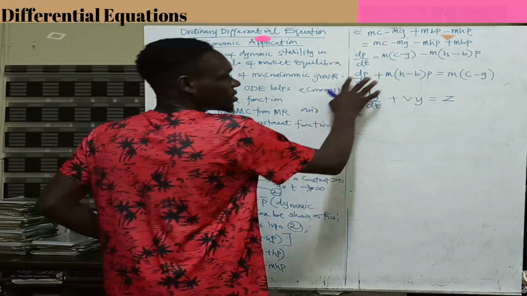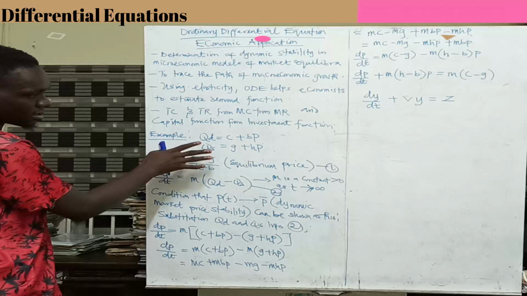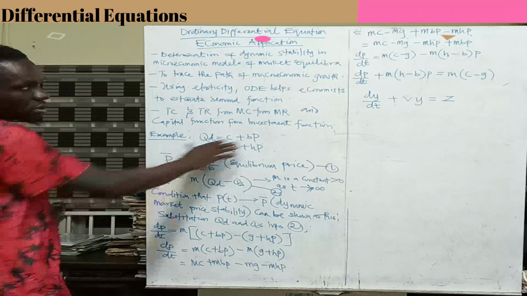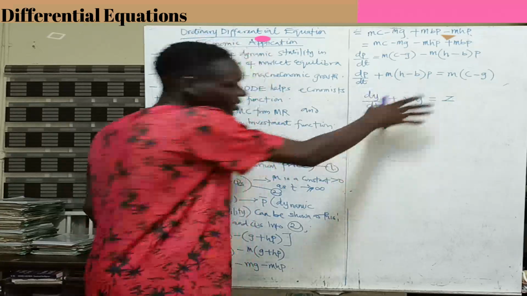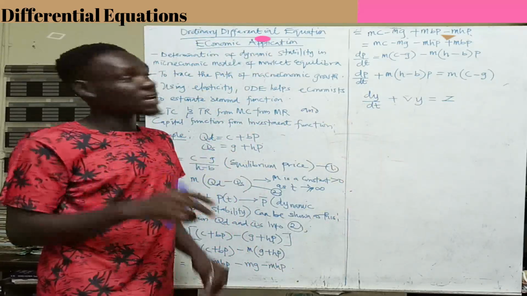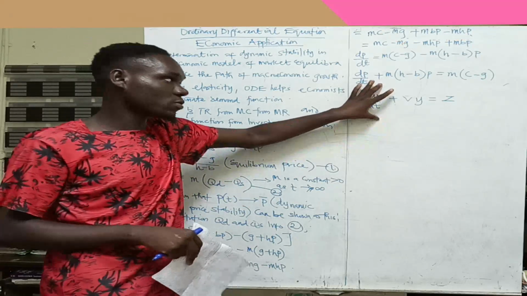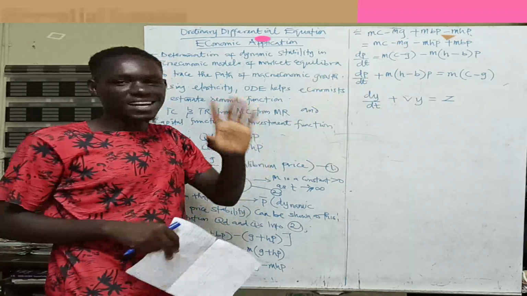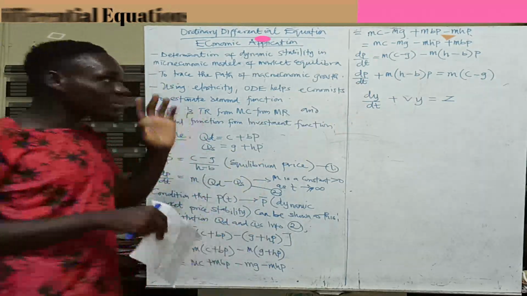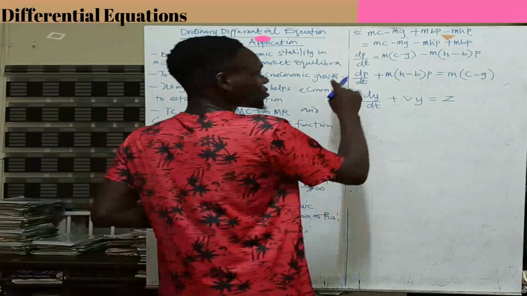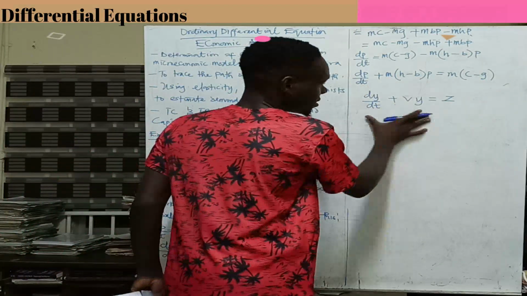Now we have solved this market model so that it will look just like the differential equation. Okay, this is the differential equation, and what we have done basically here is to have our market solution look just like this.